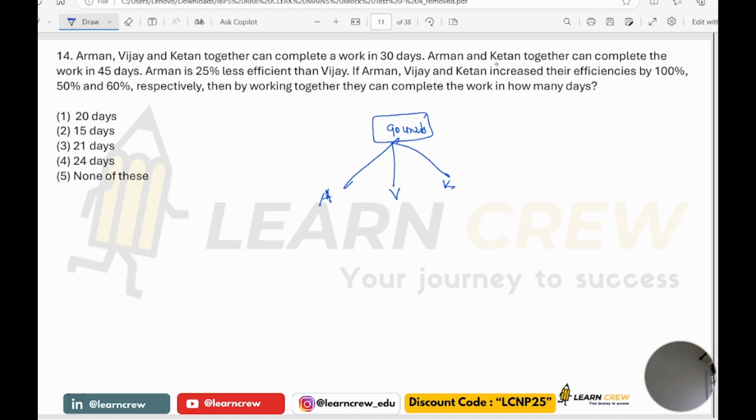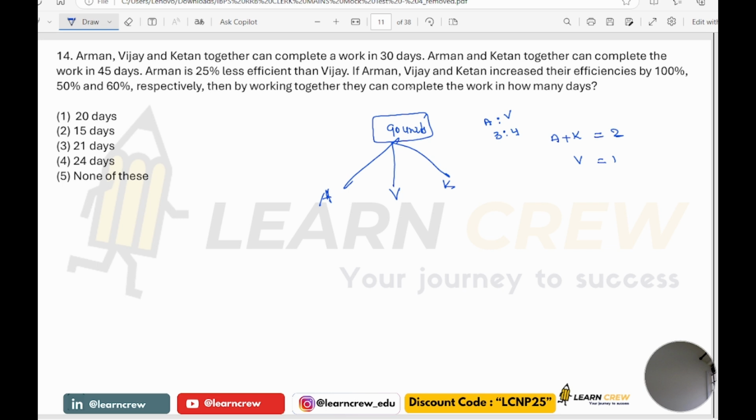Arman and Ketan together can complete the work in 45 days, so Arman and Ketan are doing 2 units. Thereby Vijay is doing 1 unit, because altogether it is 3 units. Now it is given that Arman is 25% less efficient than Vijay, so Arman and Vijay's efficiencies are in the ratio 3:4.